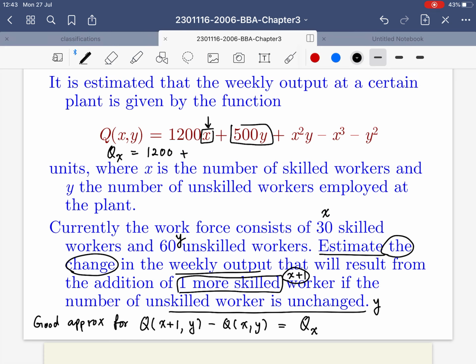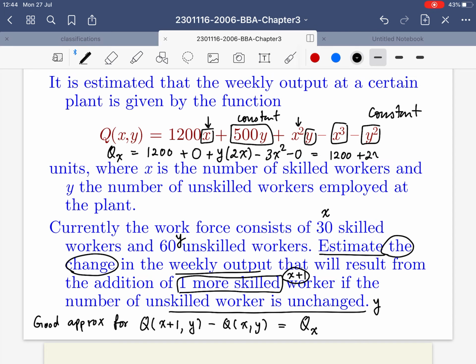The 500y has no x, so its derivative is 0 because it is a constant in this context. For x squared y, y is a constant, so the derivative gives 2xy. Then x cubed gives 3x squared, and y squared is again a constant, so 0. Totally you got 1200 plus 2xy minus 3x squared.